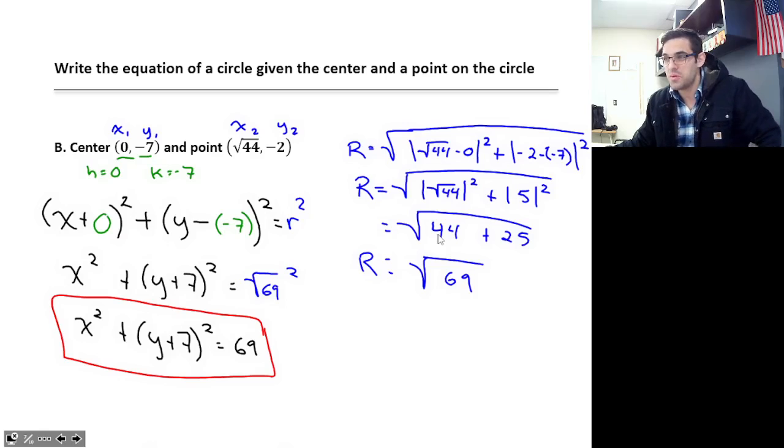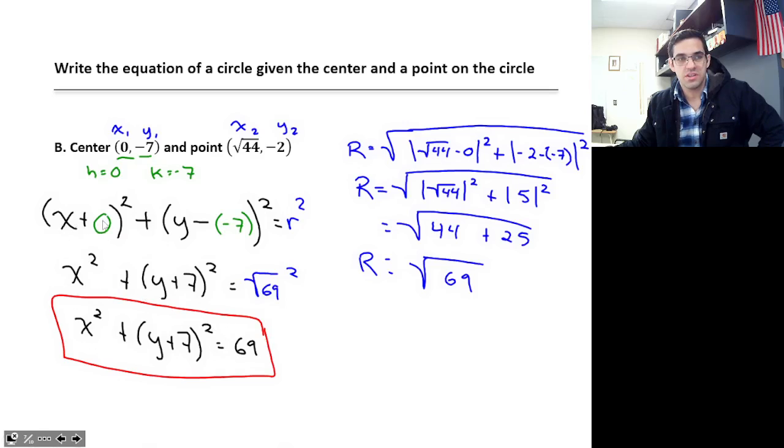See? The square root went away. Not too bad. The absolute value of 5 squared is 25. Add those together, we get the square root of 69. And so the radius is the square root of 69. So for our equation, the radius squared is the square root of 69 squared, which is just 69.